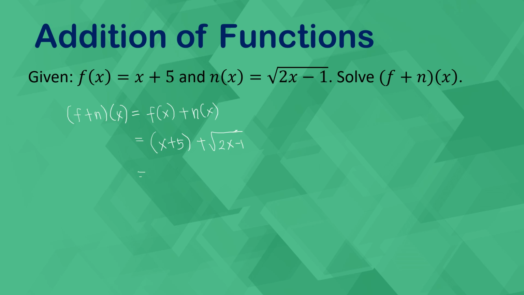Since we cannot combine these two functions, we just have to copy it. x plus 5 plus square root of 2x minus 1 is the sum of f and n functions. Okay? For the domain of the two functions, that is the intersection of d sub f and d sub n.